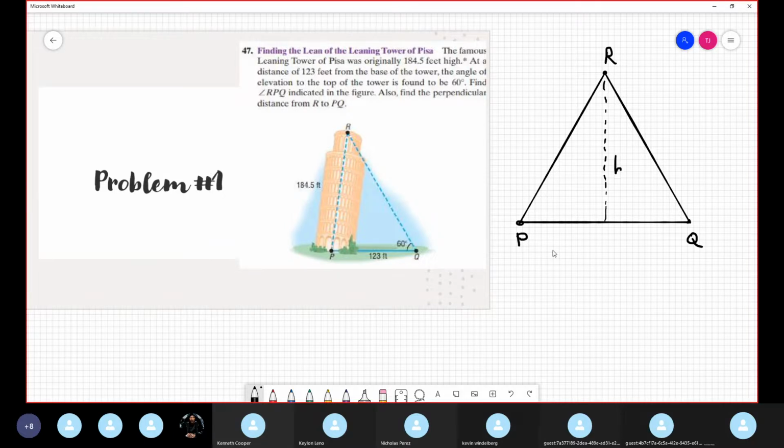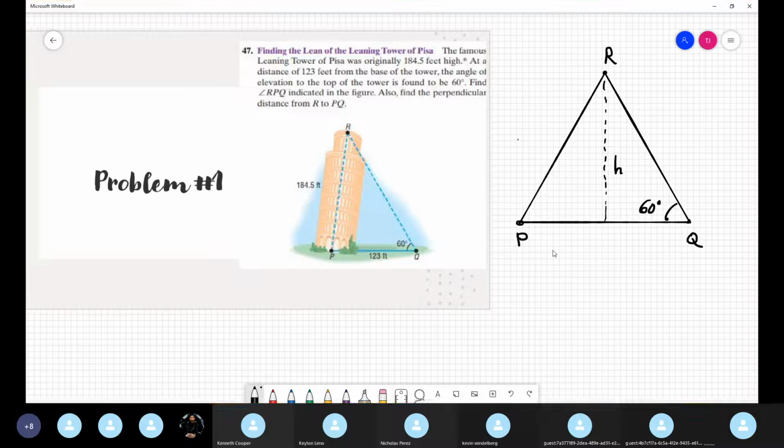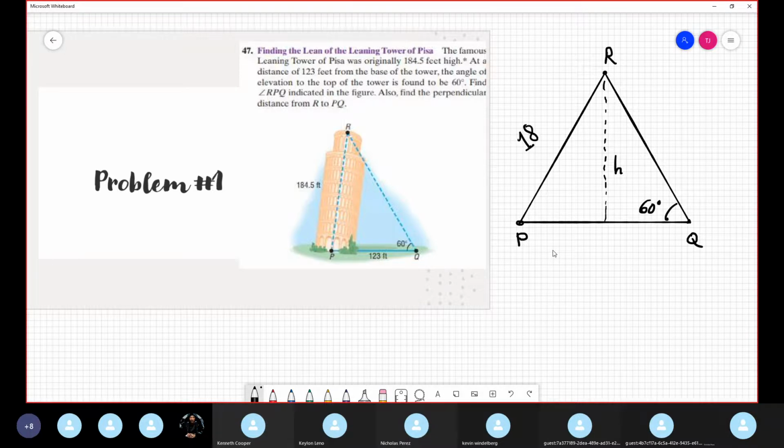Let me call it H, the height. This angle of elevation is 60 degrees, it is given. This distance is 184.5 feet. Also, I need to find that angle. The angle is the angle that they call angle RPQ. Okay, this is the idea.